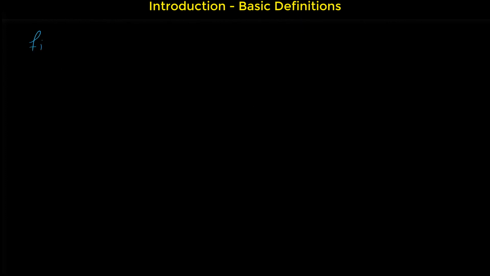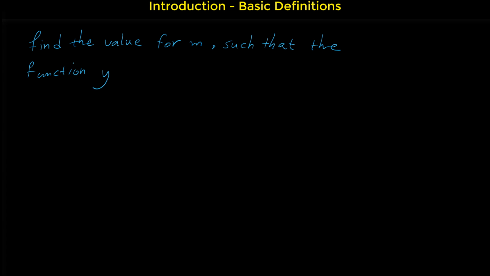Example. Find the value for m such that the function y equals e to the mx is a solution for this given differential equation: y double prime plus 2y prime minus 3y equals 0.